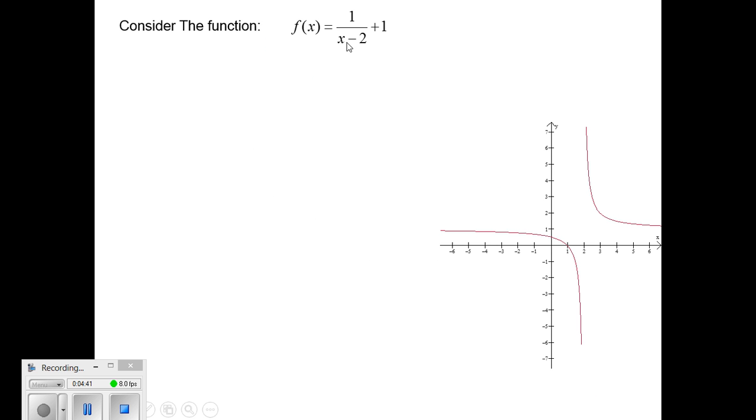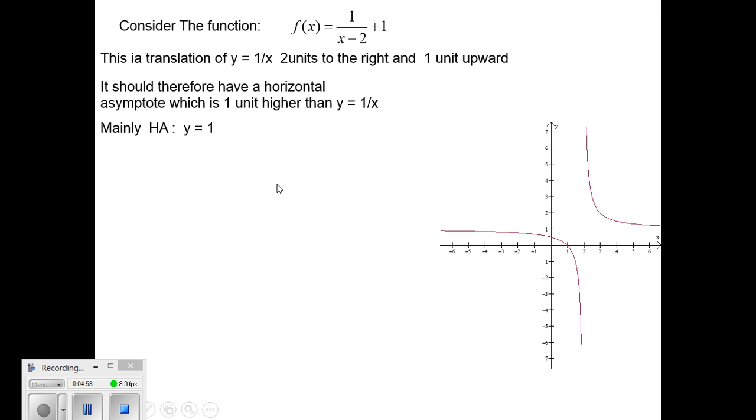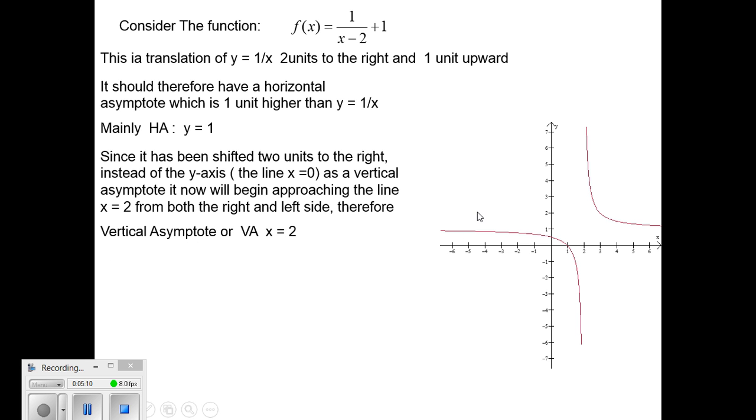So this is moving our vertical asymptote 2 units to the right at x equals 2, and this is pushing it up 1 unit, so the horizontal asymptote is at y equals 1. So seeing that as a translation is probably the best way of looking at that. We do speak of the horizontal asymptote as that line y equals 1, because since it's a translation of 1 over x, it is moving up 1 and is going to move towards that horizontal line.